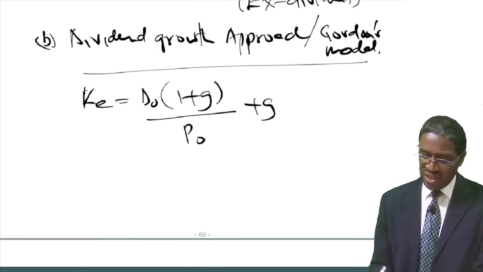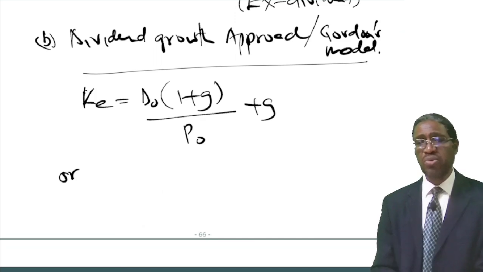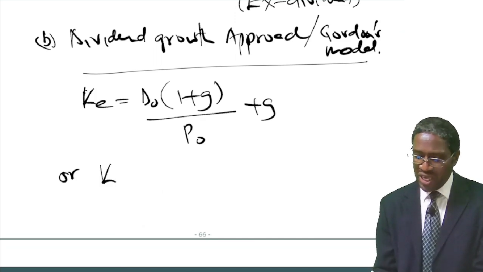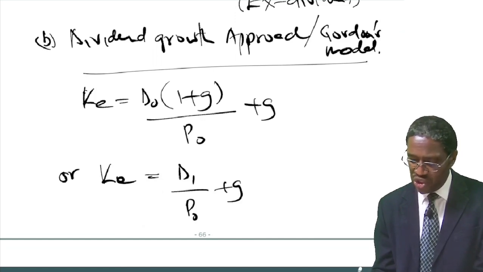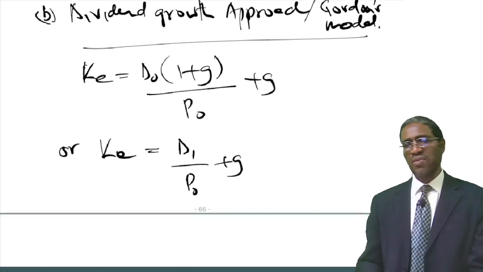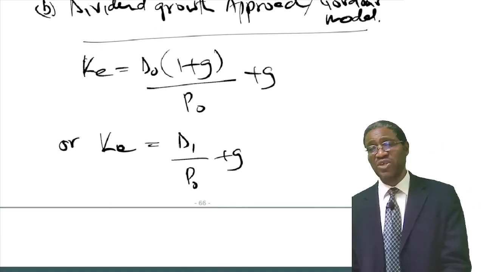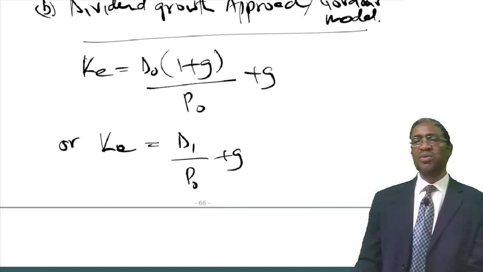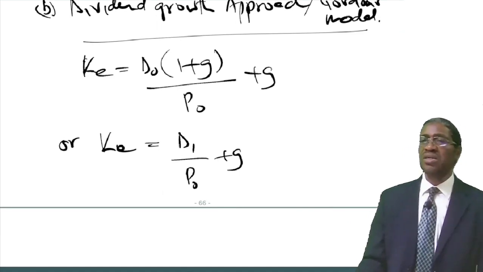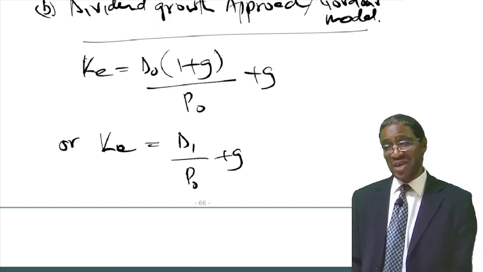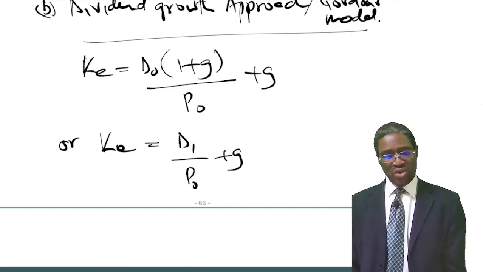Or KE equals D1 divided by P0 plus G. That's another way. I have already explained the difference between these two. They give you the same answer, but the one you use depends on the question that you are given.